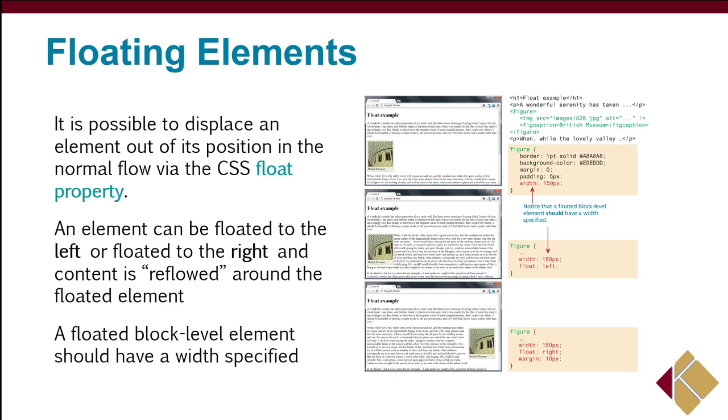So we have our 3 examples here. The first one is how it is just based in that element. Basically you have your 2 paragraphs, and then it's sandwiched in the middle. It's taking each thing as its own block level thing. The next one down is implementing a float left, so it forces that picture to the left and then forces everything else to reflow around the right of it.